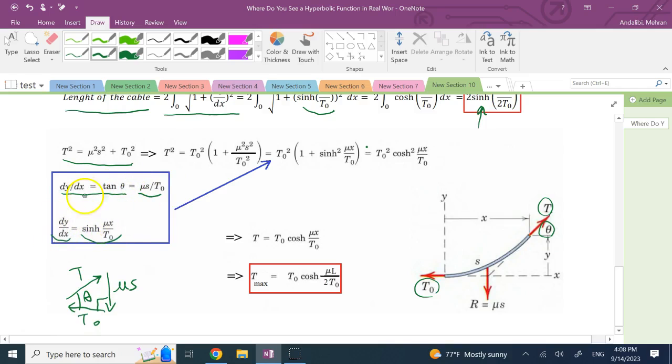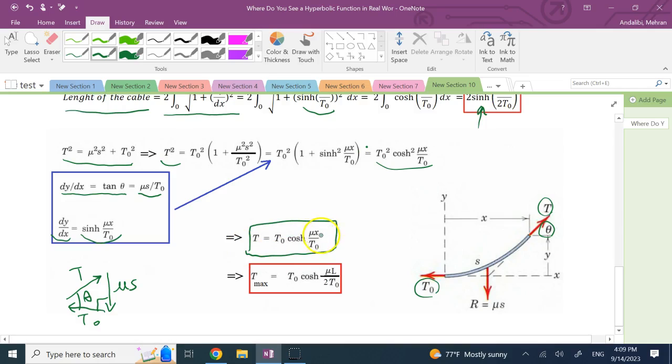So if I replace these two here for this square term, I use this sine hyperbolic term. And again, remember 1 plus sine hyperbolic squared is a cosine hyperbolic squared. So it becomes like that. Take a square root from both sides, and tension becomes a cosine hyperbolic function. So tension in the rope at any point is a cosine hyperbolic function.